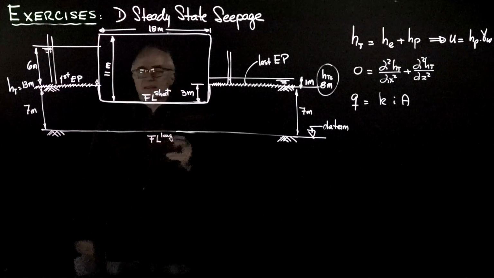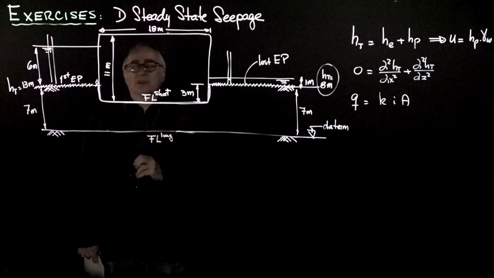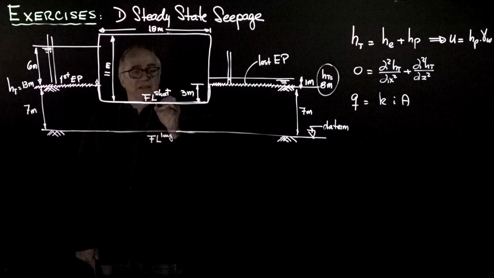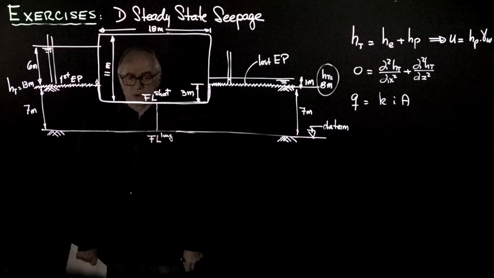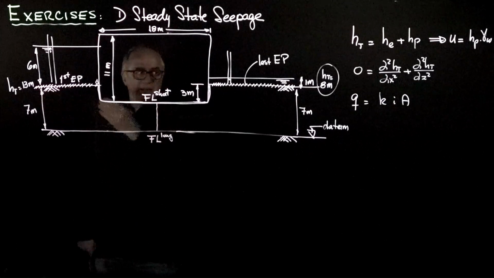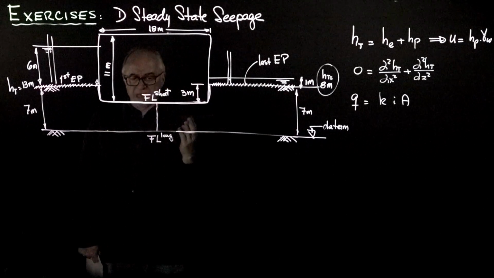Please recognize that the problem is symmetric from left to right, and so the easiest way to start is to draw the line of symmetry, and the line of symmetry will be here, and that is one equipotential. The energy started at 13, we are going to end at 8, we lose 5 meters of energy.